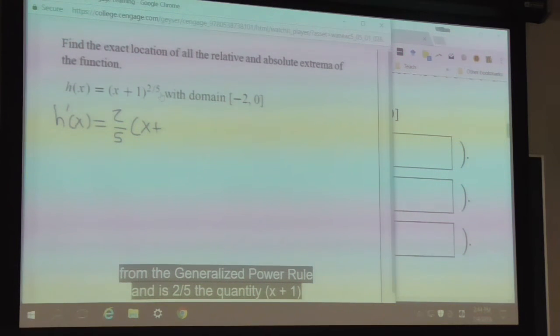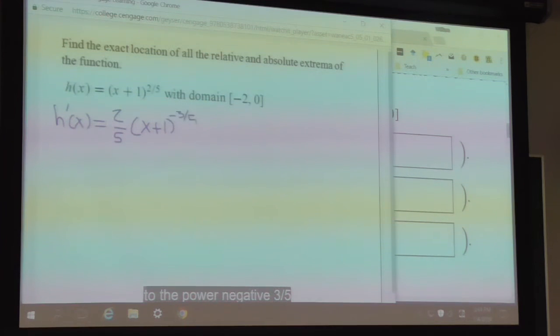And then you have to take times the derivative of the inside, which is just times 1. That's what they call doing the generalized power rule. It's the quantity x plus 1 to the power -3/5, or as a rational expression, 2 over 5 times the quantity x plus 1 to the power 3/5, and set it equal to 0.